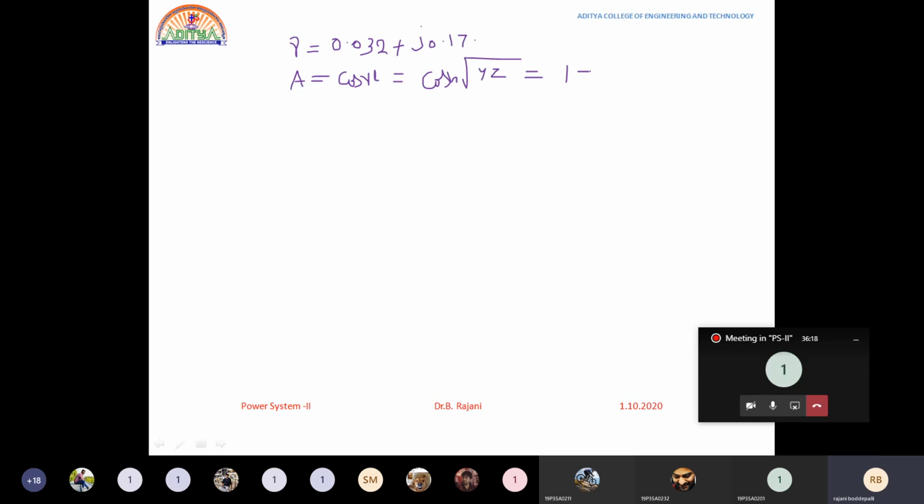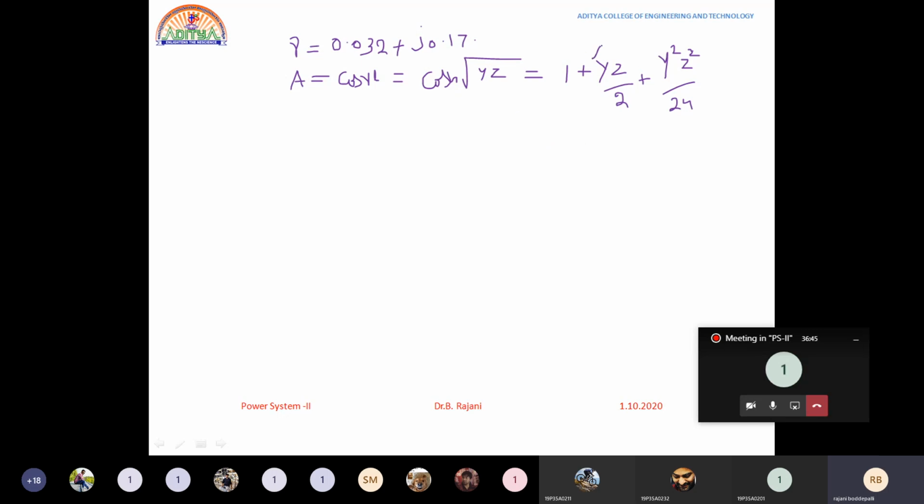We know the series: 1 plus yz by 2, plus y square z square by 24. This is what we need to know. Now after knowing this, let us simplify all these equations.